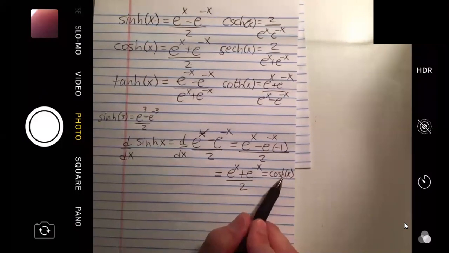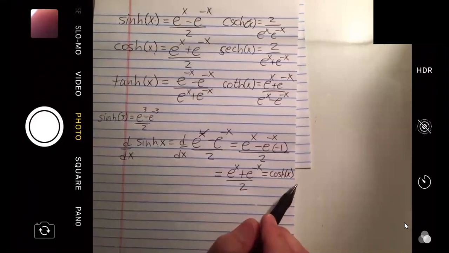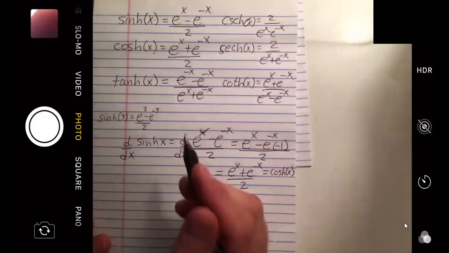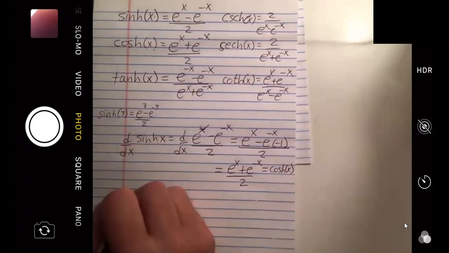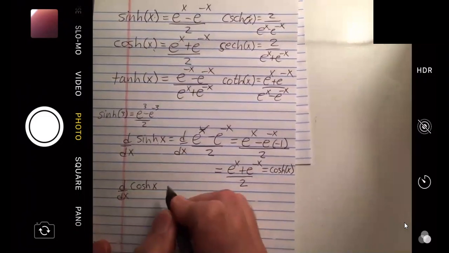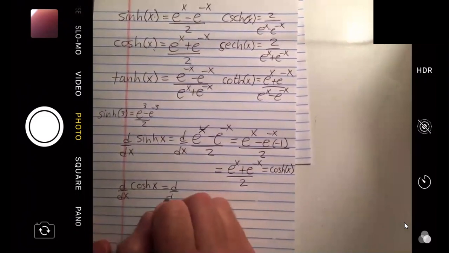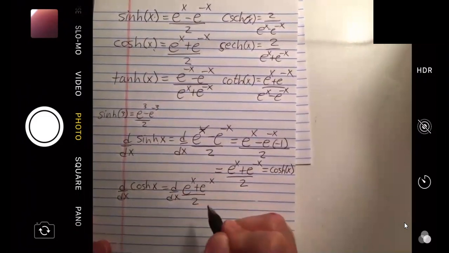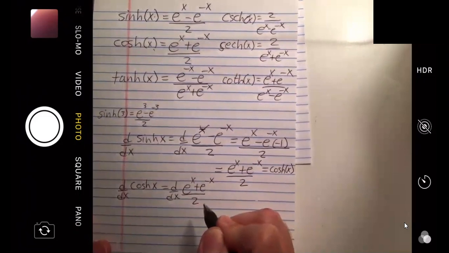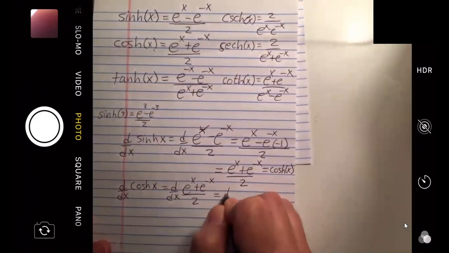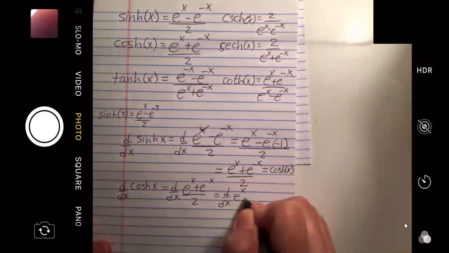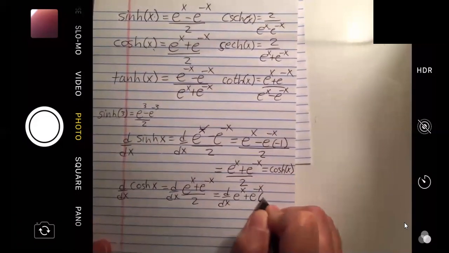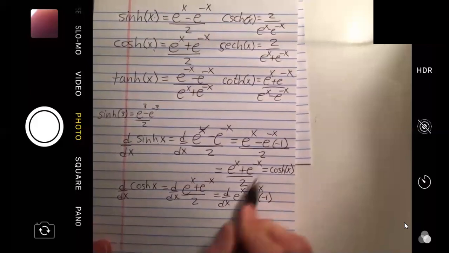Did that go through that too fast? No, yeah, that made sense to me. Okay. The problem is when you go backwards, it fails. Try derivative of cosh. So you'd go a derivative of e to the x add e to the negative x divided by 2. So you would get a derivative of e to the x plus e to the negative x, but with a chain rule of -1, divide by 2.